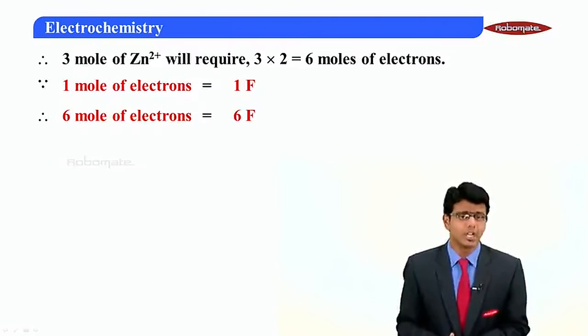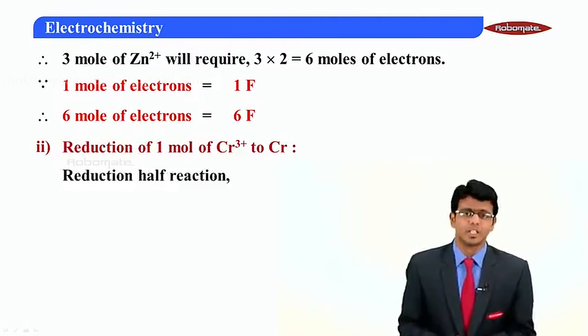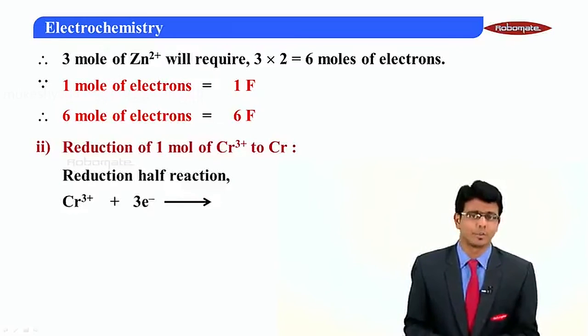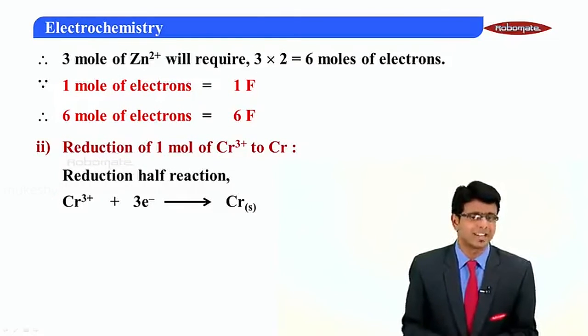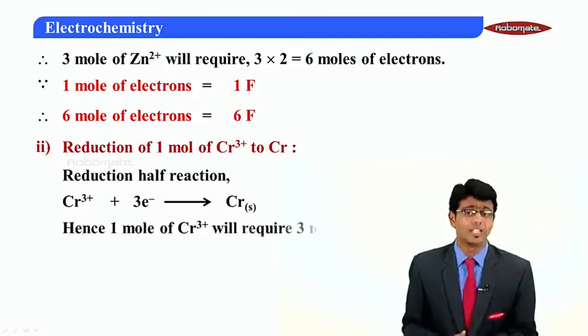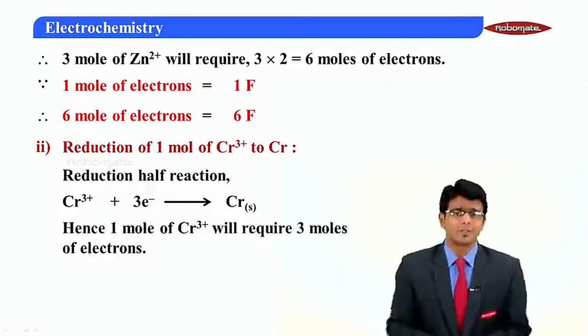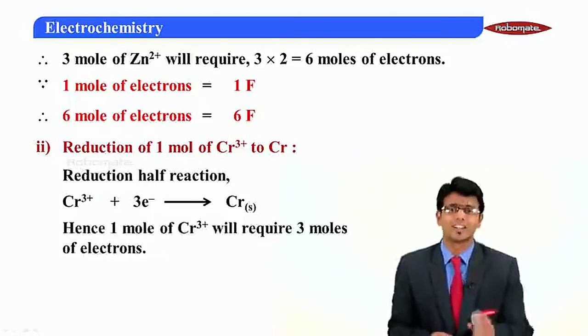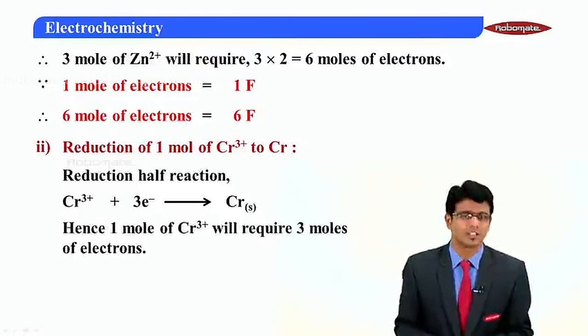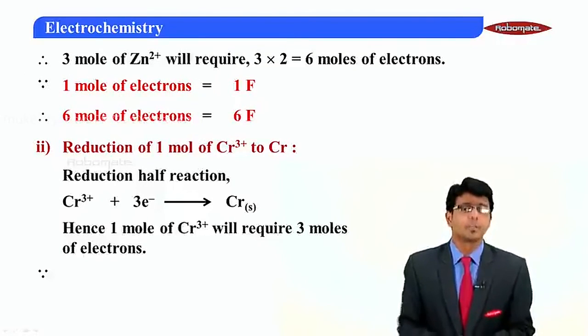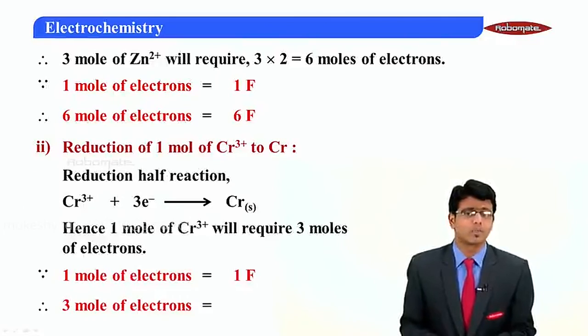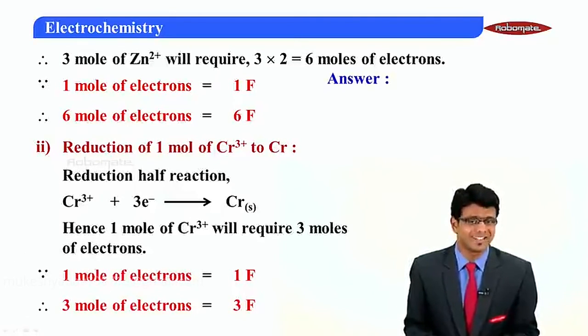Okay? Going ahead with respect to chromium. This is the reduction half reaction for chromium, right? Cr3+ + 3 electrons giving you Cr. So we can say here that 1 mole of Cr3+ will require 3 moles of electrons, and also 3 moles of electrons will correspond to obviously 3 Faradays, right?